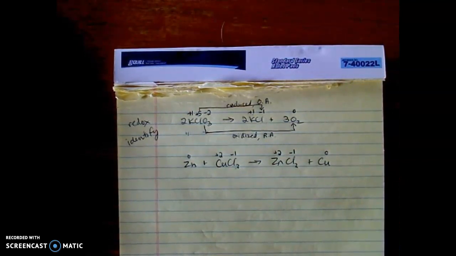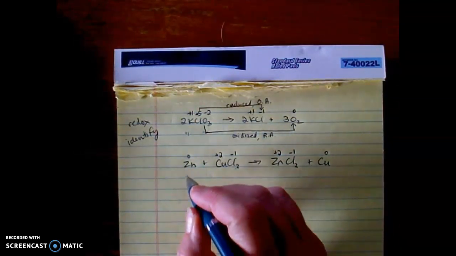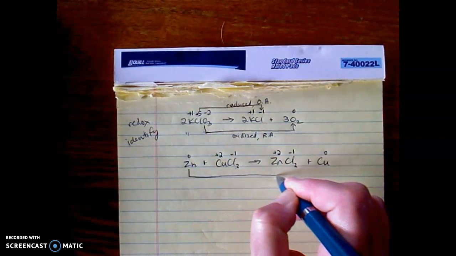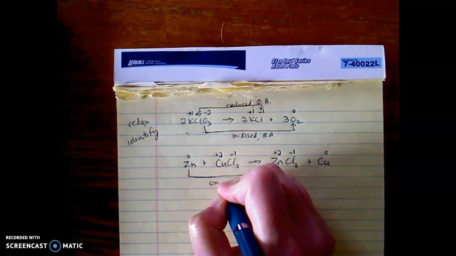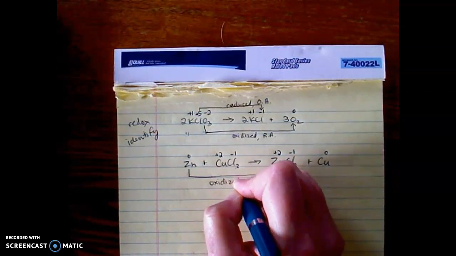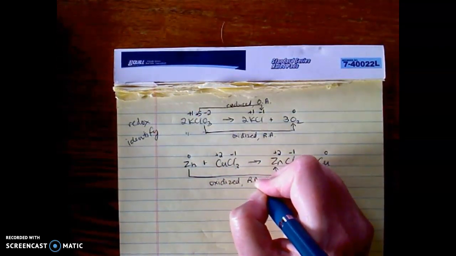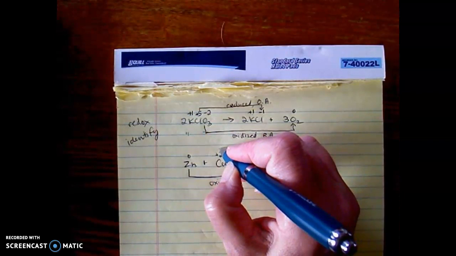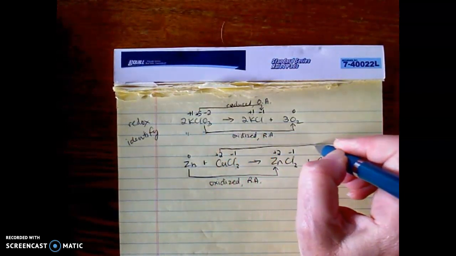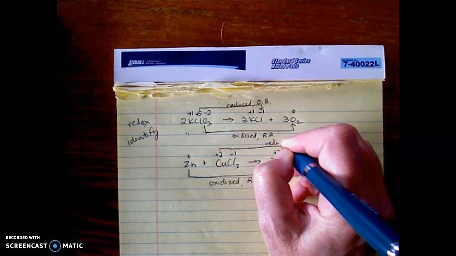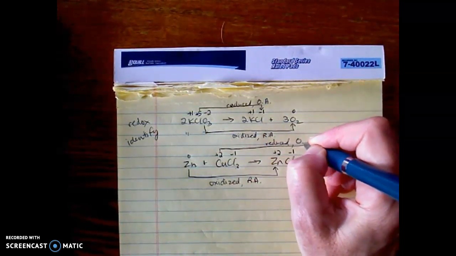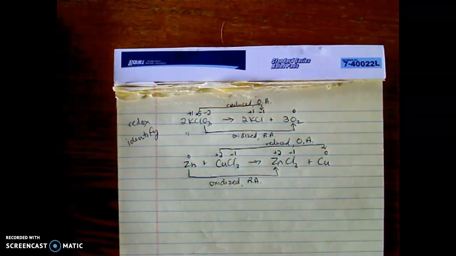So my chlorine is not changing, so it's not oxidized or reduced. But I can see that my zinc is going from 0 to a +2. So that was oxidized. Therefore, it is the reducing agent. And then I can see copper is going from a +2 down to a 0. So that was reduced. That makes this the oxidizing agent.